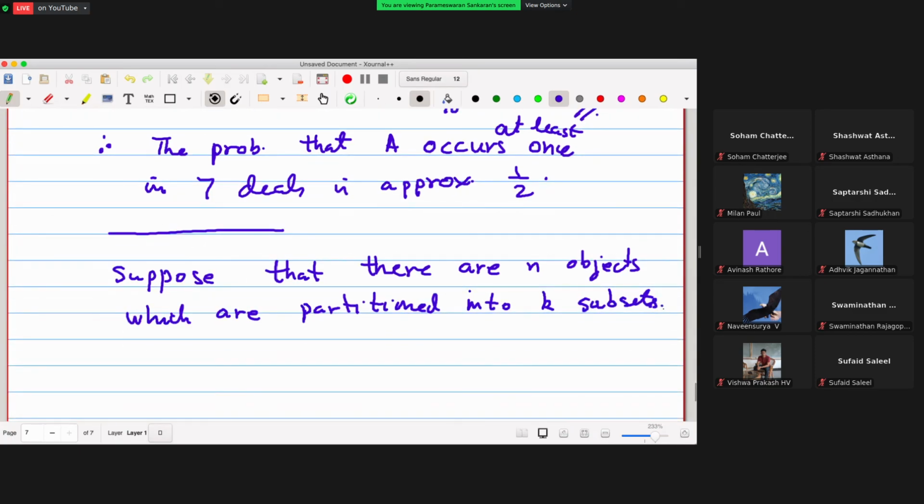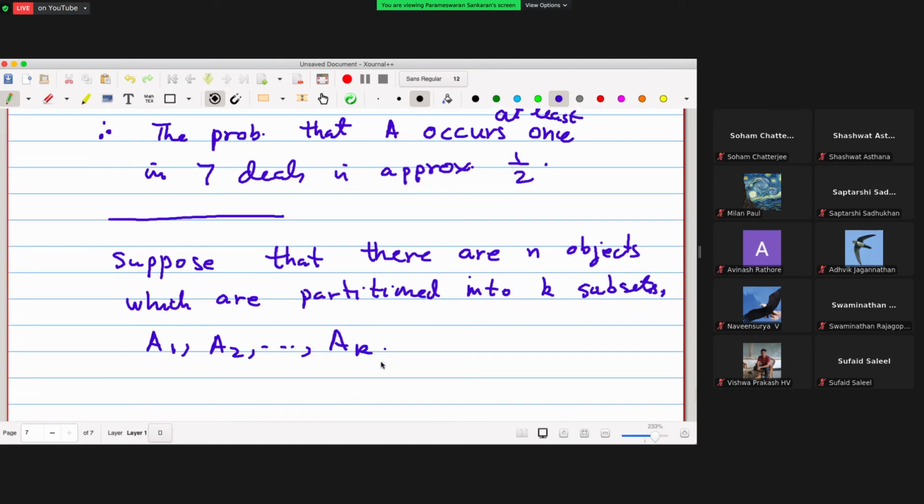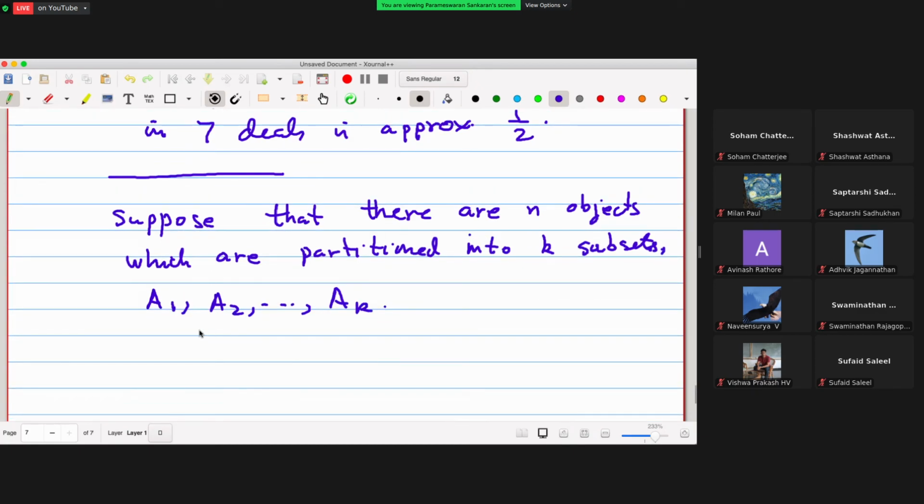Say label them A1, A2, up to AK. So the number of ways of obtaining these, here I say subsets, not sequences.